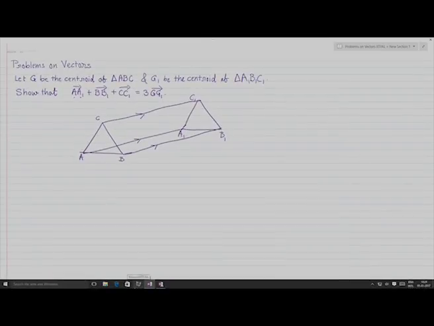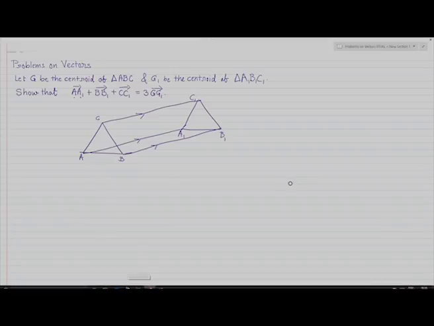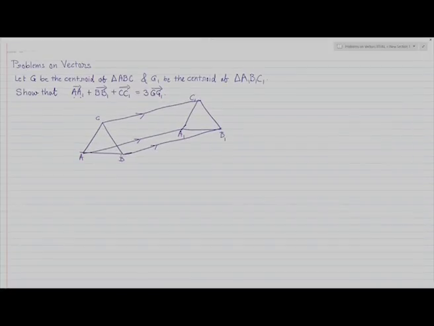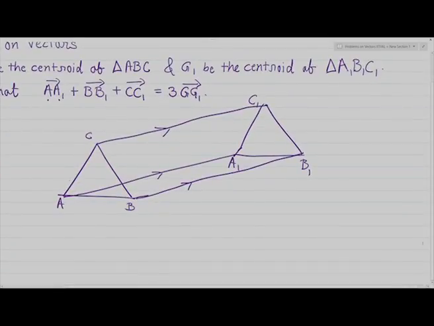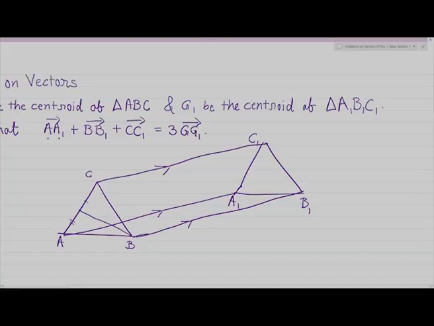Then you must be knowing what a centroid is, right. The centroid is something that, if I start with this point and draw a line to the opposite side, it should bisect this opposite side into two equal parts.